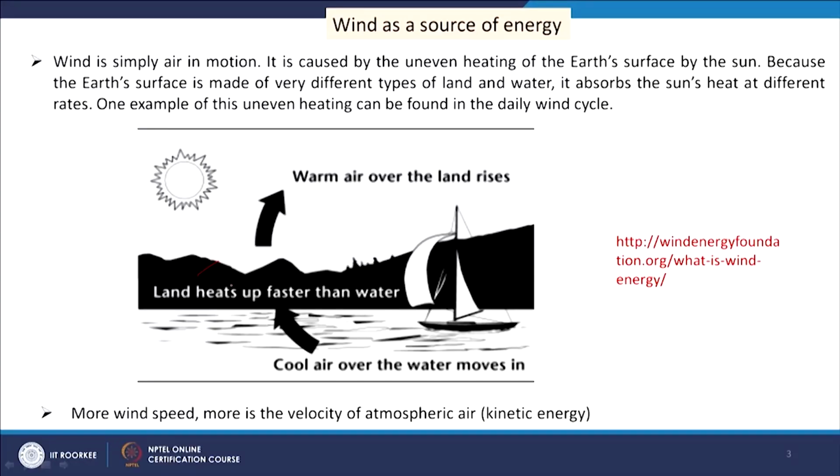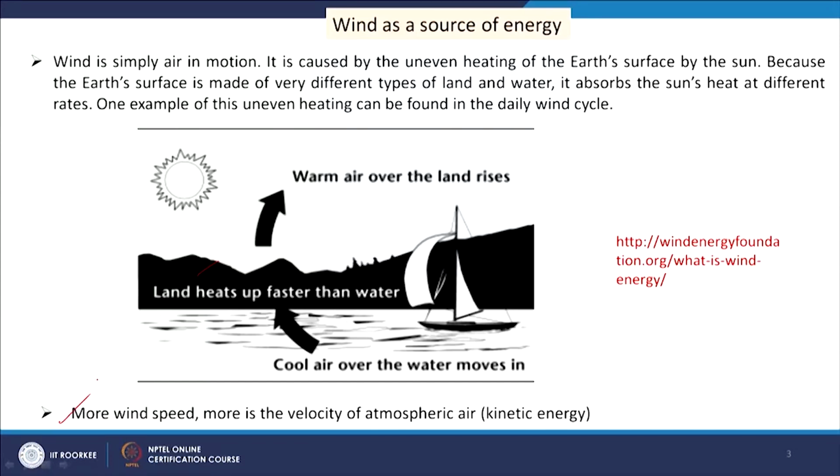Wind is generated in the daytime in that way, and at night time we get the reverse direction. This is the reason why we get wind, and this wind gives kinetic energy to the air, which we can convert into electrical energy.